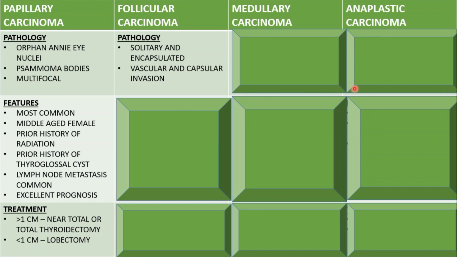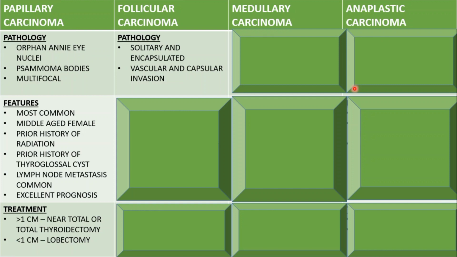With FNAC biopsy, you cannot differentiate a follicular carcinoma from follicular adenoma, because until it is proven that the follicular cancer has invaded into the vessels or the capsule, it is said to be a follicular adenoma. Only when it invades the capsule or the blood vessels, it is considered to be follicular carcinoma.